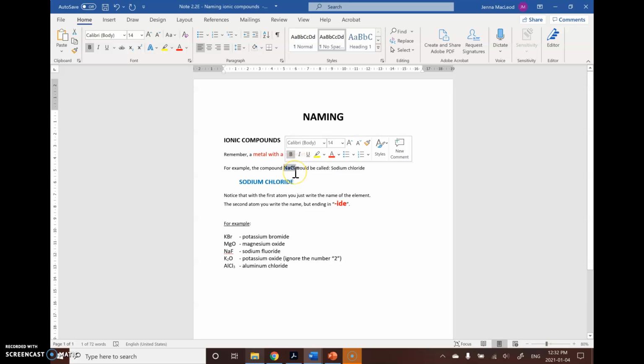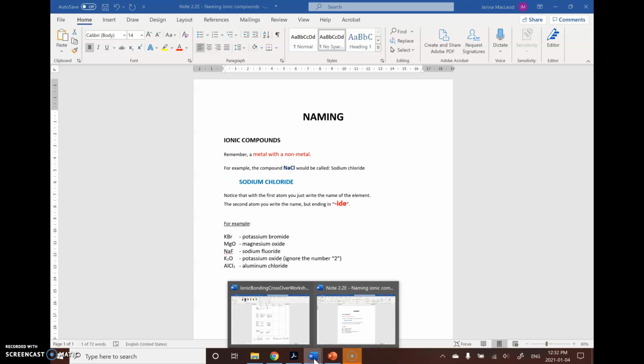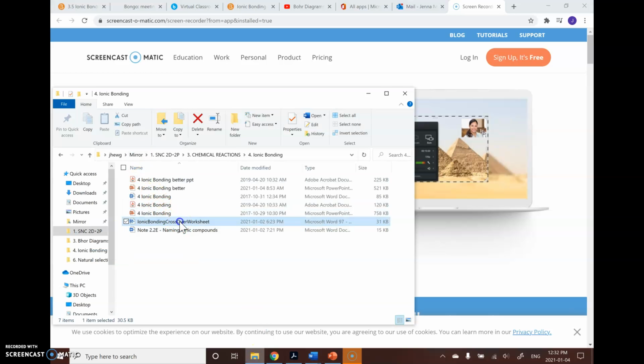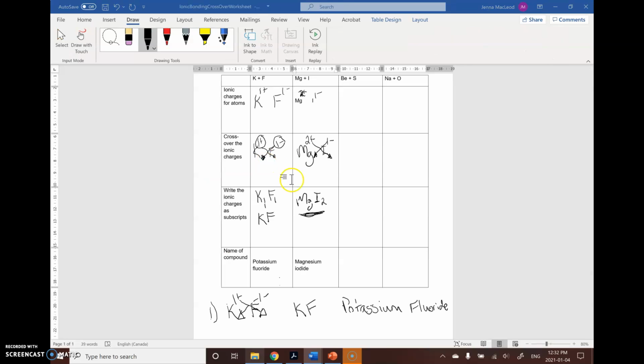What I'm going to have you do is go through the first example of the worksheet, which is on our homepage. I already went over this with the class, so I'm just going to get rid of this for a second.